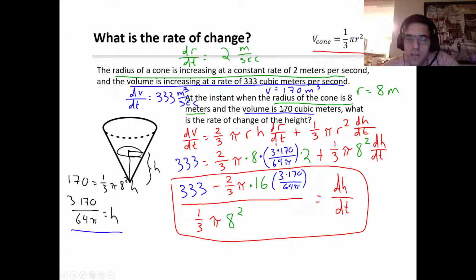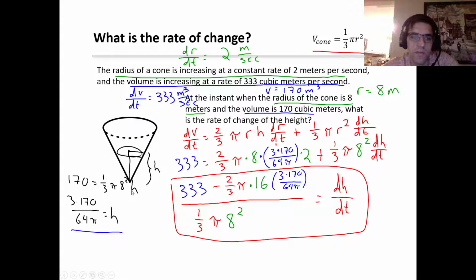When the cone has a radius of 8 meters, its volume is 170 cubic meters. So we use that volume and that radius and plug it into the volume of a cone equation. That's all this is right here.